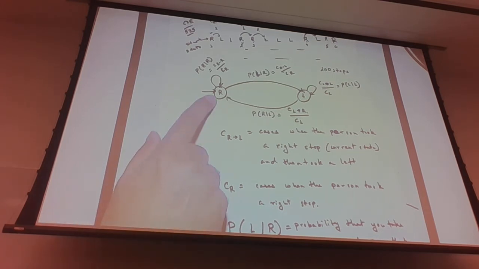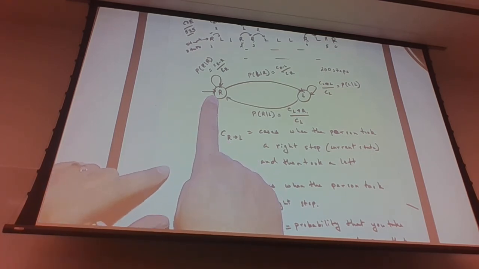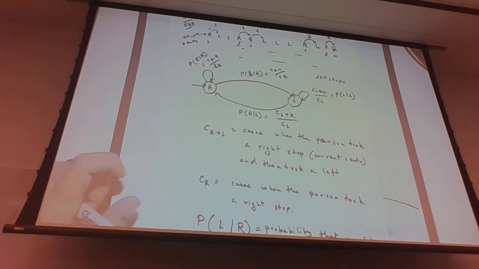Given that you are right, you follow the path. Now remember, you have to take 2 steps, not just 1 step. So what are the different possibilities when you take 2 steps? There are 2 possibilities here.